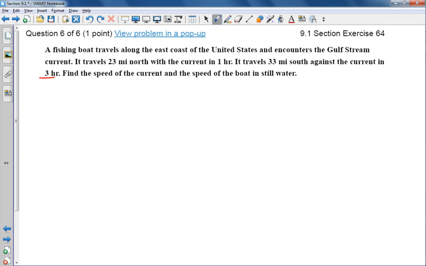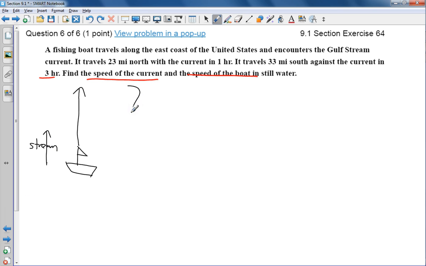You're going to find your boat speed and current speed. How fast the Gulf Stream current is, how fast your boat is as well. Okay? All right, let's demonstrate this on a picture. Here's your boat. Now, you first travel north, and the stream is helping you. The stream is this direction.